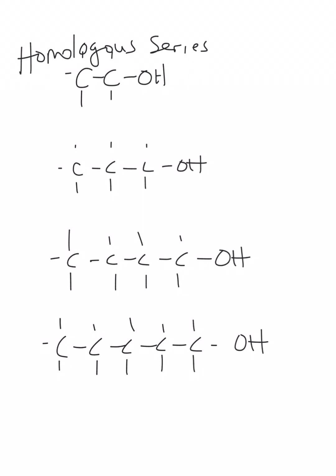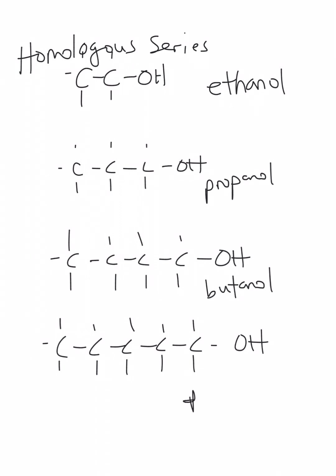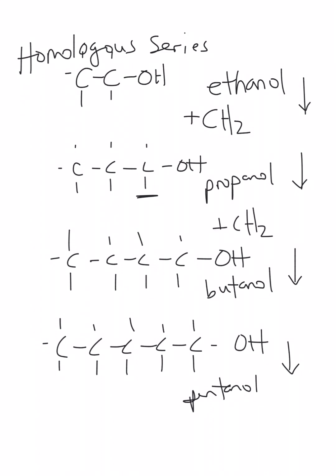You'll notice that in this series of alcohols, starting with ethanol, then carrying on to propanol, then butanol, and then pentanol, as we go from one to the next, we are adding a CH2 unit each time and just expanding the chain. That's what makes this a homologous series of alcohols.